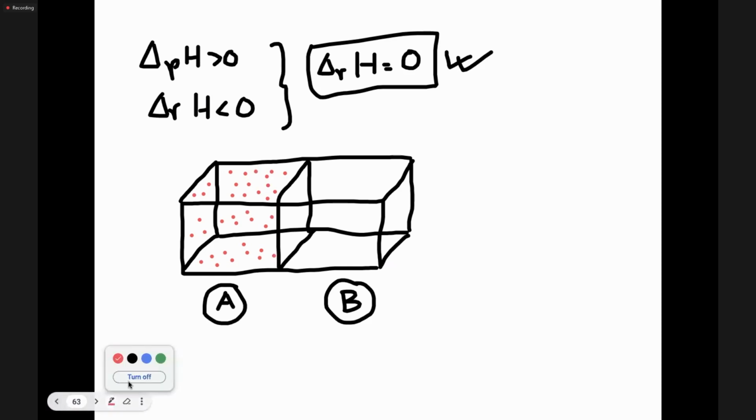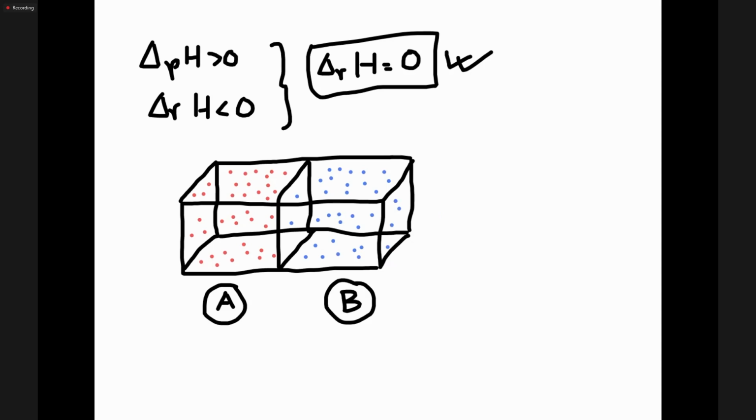On the right hand side, the gas is represented by blue dots. So these two are different gases. On the left hand side, we have these orange dots of gas A. On the right hand side, we have the blue dots indicating the presence of gas B molecules.